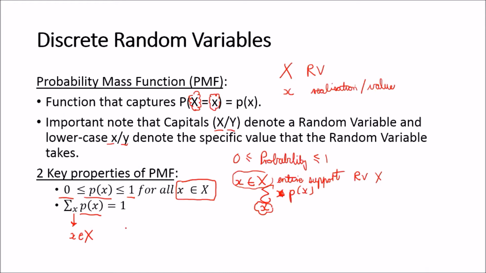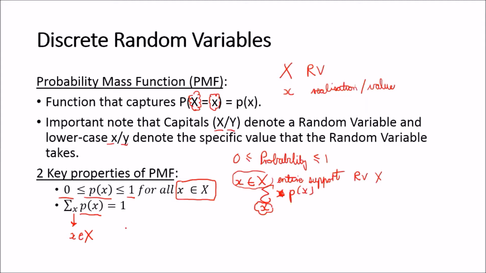So if we sum up all the probabilities for every possible realization of the random variable, we know it has to be 1, because that's all of the events. And the probability that all of those things occur, if we sum them all up, should be 1, because that encompasses all the events that are occurring.